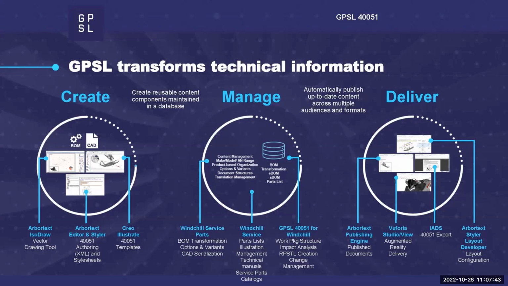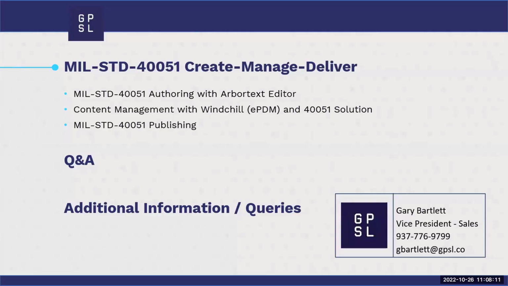Management of that content in the middle with Windchill, the ePDM environment, and publishing a compliant PDF from Arbortext publishing engine on the right, the deliver side, as well as creating the IADS XML bundles to drive the IADS viewer. So as I said, we will get more into these solution components and some of the other optional capabilities and applications as we go further into the webinar series.